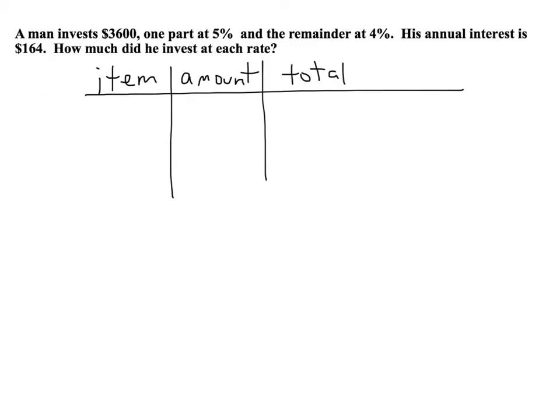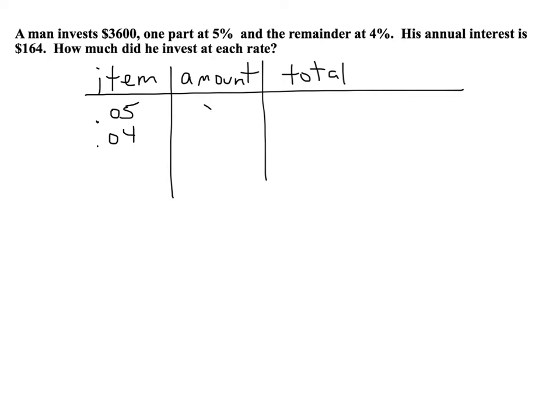Hopefully you have been able to work through this problem on your own. This is how I might solve it. Once again, I'm setting up a chart: item, amount, and total. One of the items is an investment at 5%. The other item is an investment at 4%. Notice I put both of those into decimals because I am going to have to change them to decimals when I get to the equation.